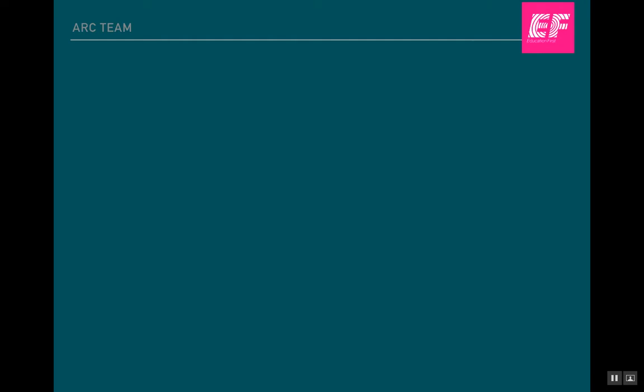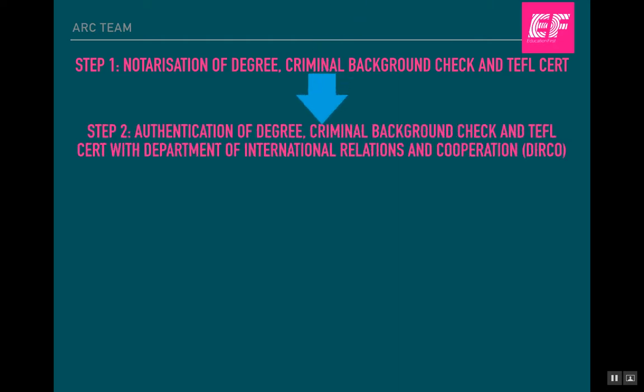Okay, so let's have a brief overview of the full procedure first. Step one is notarization of degree, criminal background record check, and TEFL certification. Step two is authentication of degree, criminal background record check, and TEFL certification with the Department of International Relations and Cooperation, or DIRCO.